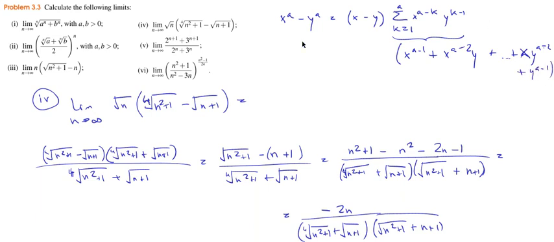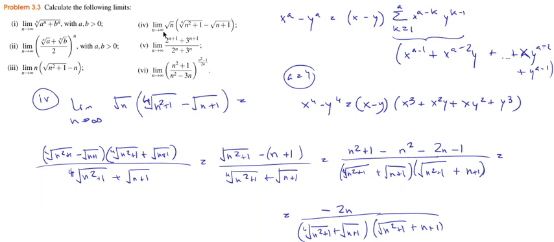Okay, but here a is 4, right? And then so we have x to the 4 minus y to the 4 is x minus y times x cubed plus x squared y plus x y squared plus y cubed.